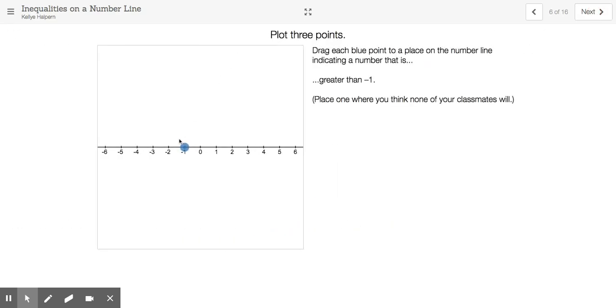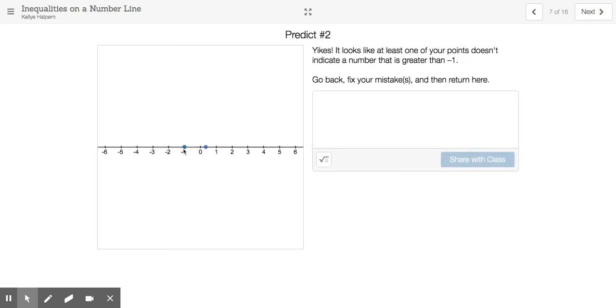For screen 6, I'm supposed to drag the blue dot to a number greater than -1. Values are greater when they are to the right.